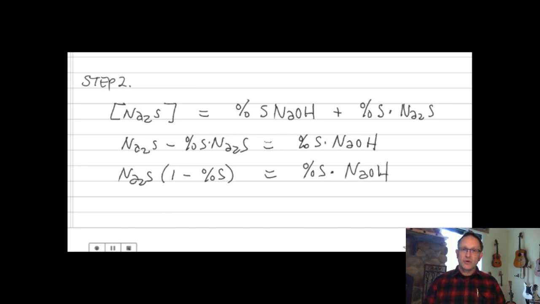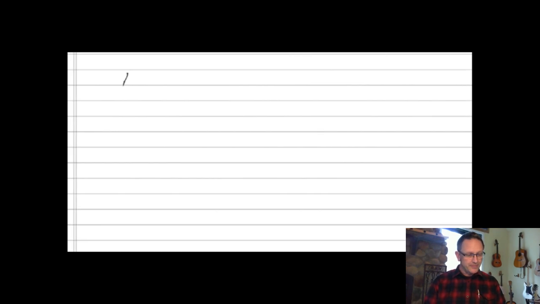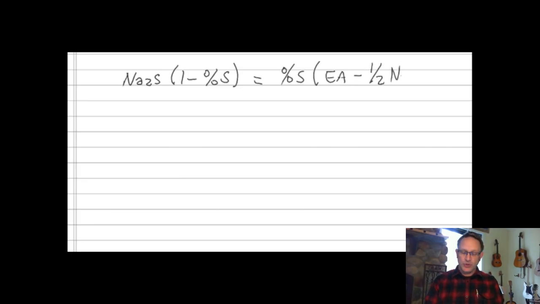Now we can rearrange equation 1 and then substitute in the NaOH in this equation and solve. So let's rewrite: Na2S times 1 minus percent sulfidity equals percent sulfidity times the effective alkali minus 1/2 Na2S.